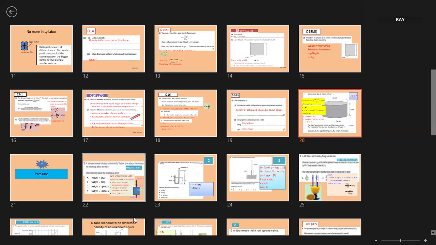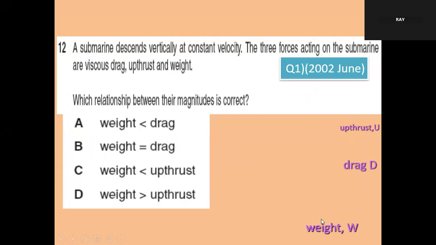Okay, let's go to pressure. T is constant speed. Submarine descent means going down vertically at constant speed. Three forces acting on the submarine are viscous drag, upthrust, and weight. Which relationship between the magnitudes is correct? Draw a picture in your mind.